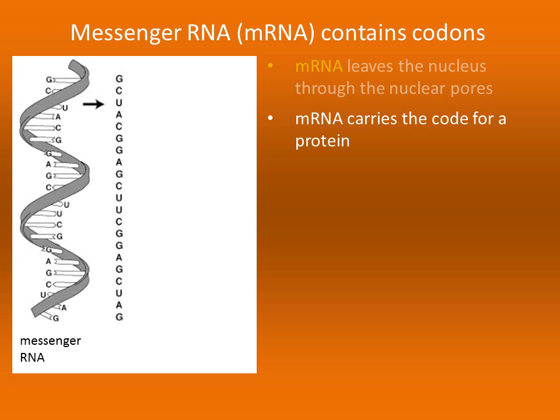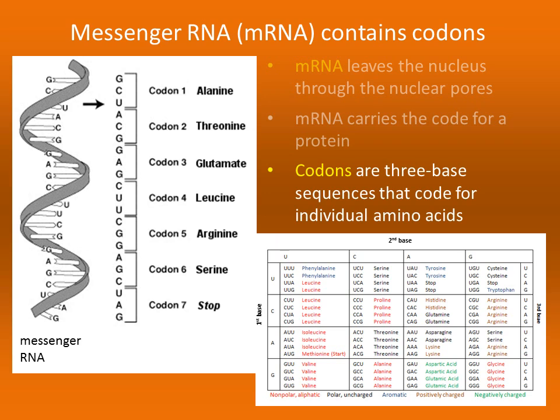We can see the sequence of bases aligned here linearly in this specific example. And that code is arranged in these 3 base sequences called codons. And what we see here is that we have a number of codons in this specific example, coding for 7 different, or 6 different, amino acids. And finally at the end we see a stop codon down here. We'll talk about that in a moment.